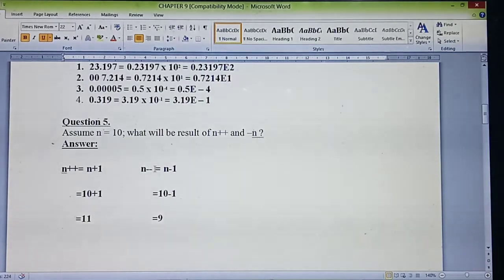Not n minus minus minus minus n, not n minus minus minus n. Write first. Have you completed?